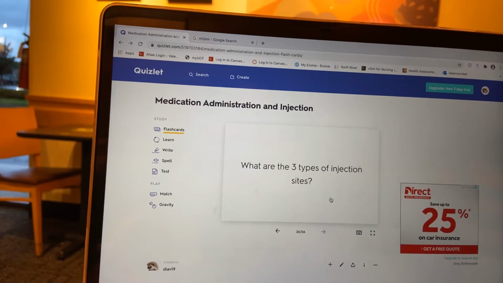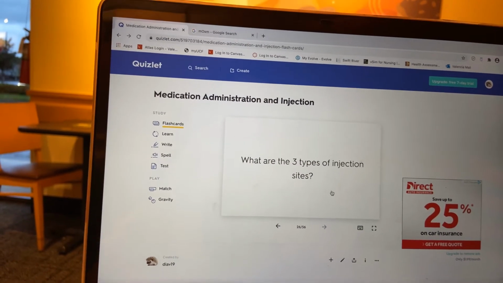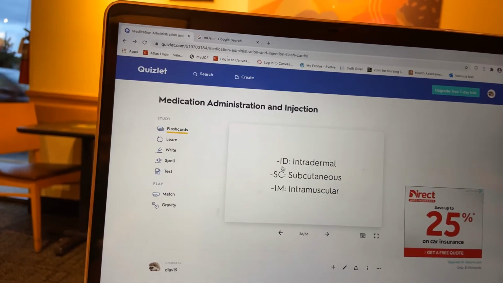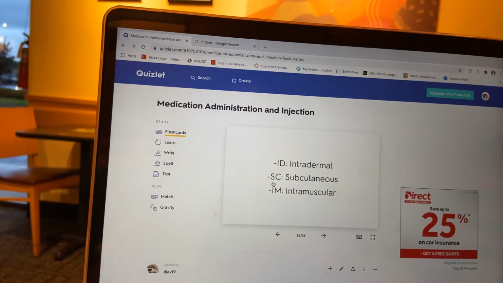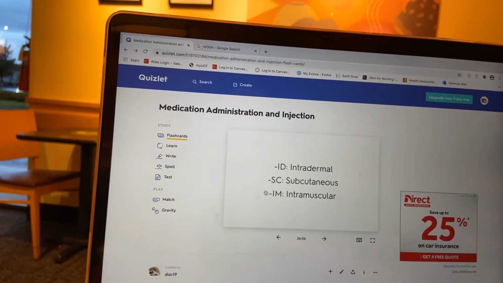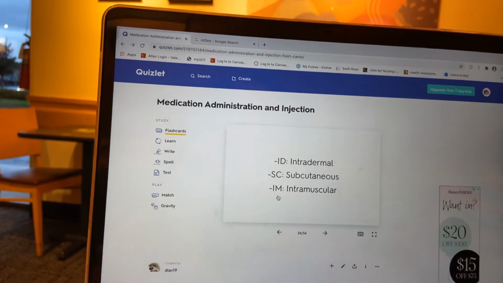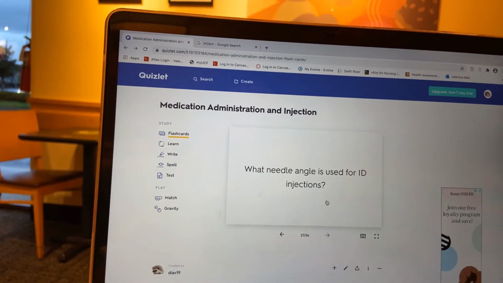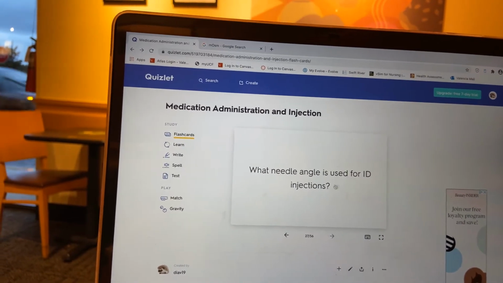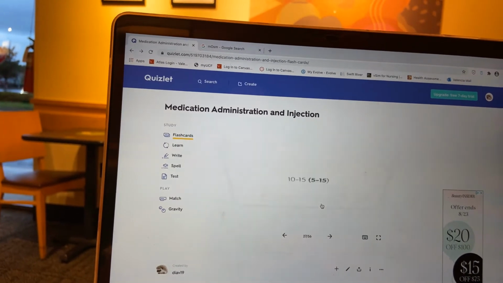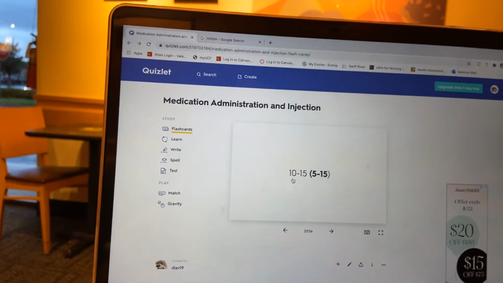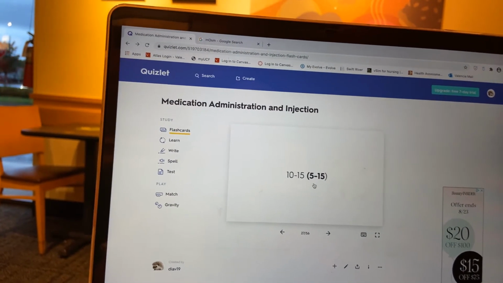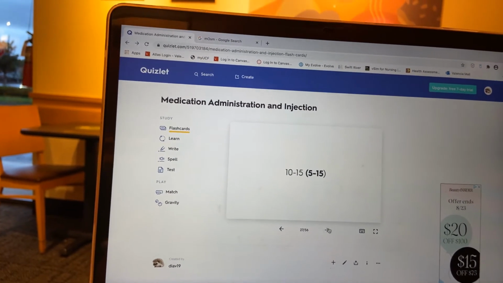What are the three types of injection sites? ID, intradermal, SC, subcutaneous, and IM, intramuscular. What needle angle is used for intradermal injections? 10 to 15 or 5 to 15?